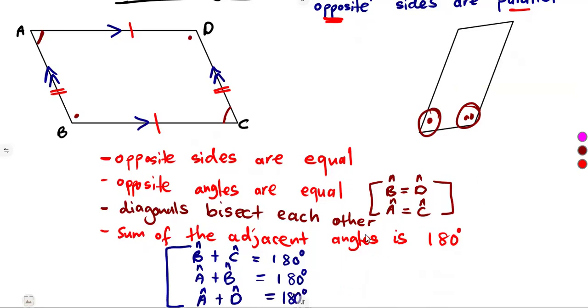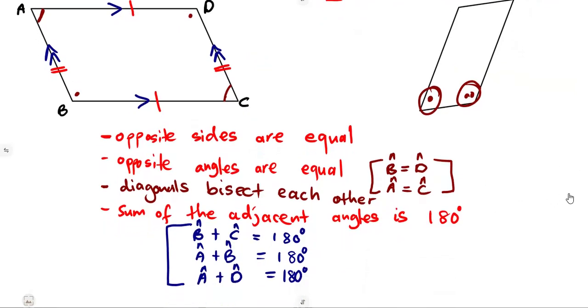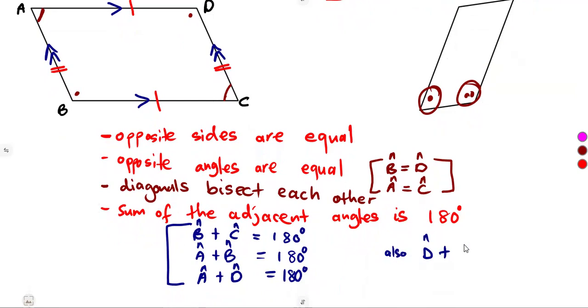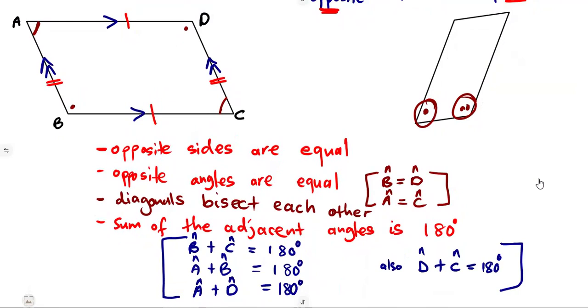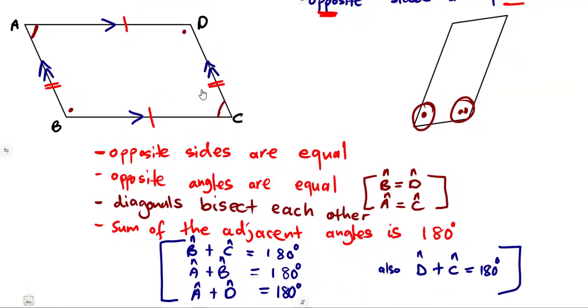Remember we said sum, they add up to 180. Another one, angle D and C are adjacent to each other, so angle D plus angle C is equal to 180 degrees. I'm just giving you examples to show which part exactly we are referring to as adjacent. This is the condition, guys.